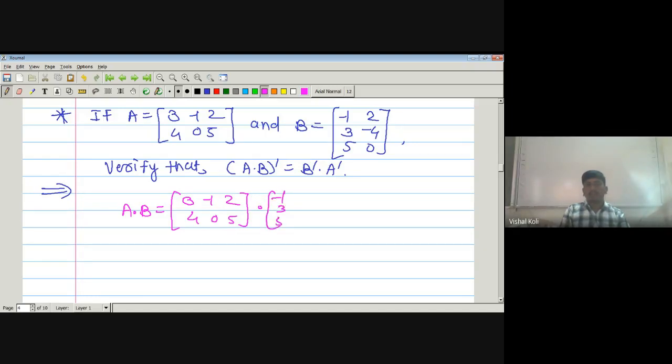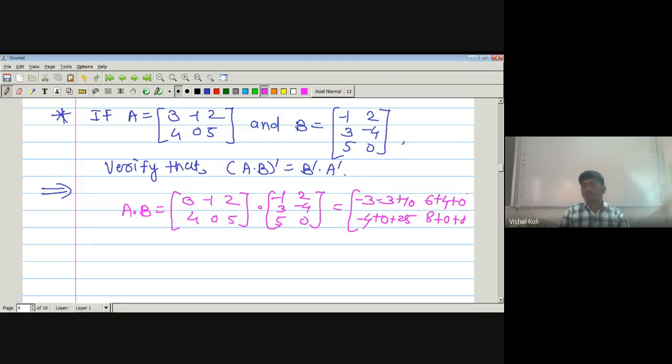Times [minus 1 3 5; 2 minus 4 0], and which is equal to, now 3 into minus 1 minus 3, minus 1 into 3 minus 3, 2 into 5 10, 3 into 2 6, minus 1 into 4 minus 4, 2 into 0 0, 4 into minus 1 minus 4, 0 into 3 0, 5 into 5 25, 4 into 2 8, 0.